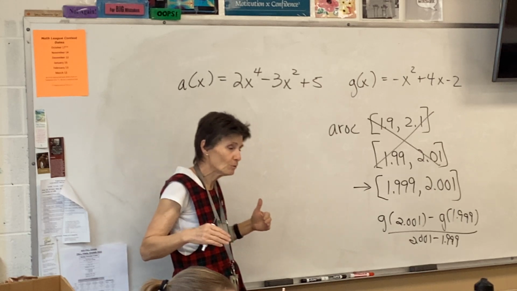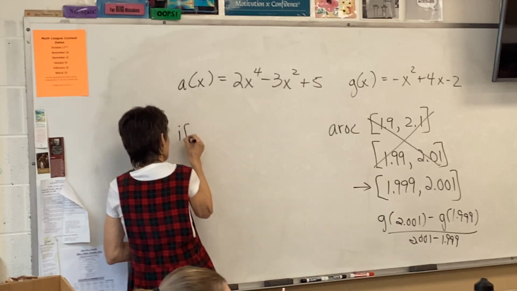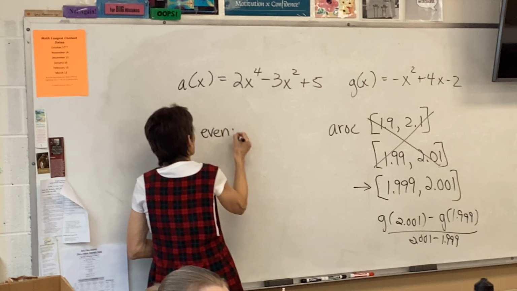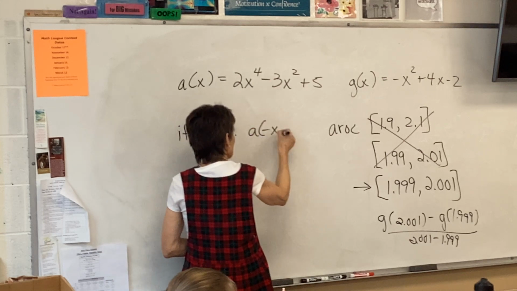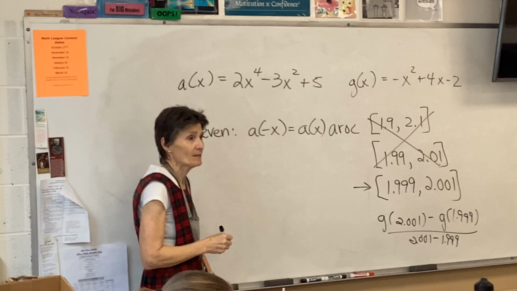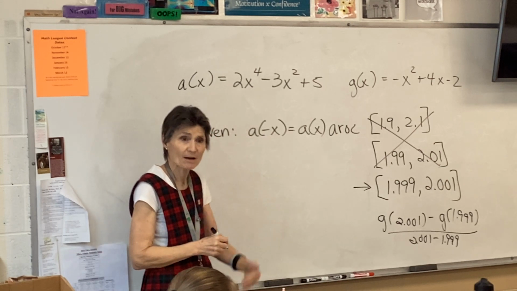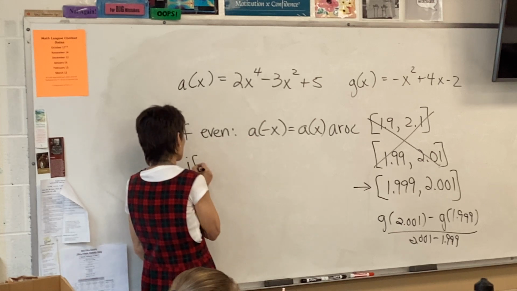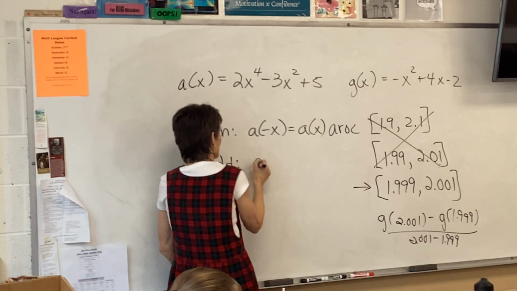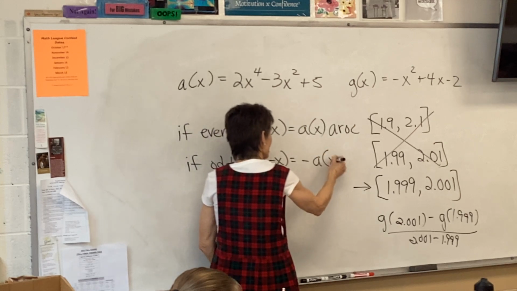How do you prove that something is even? If something is even, then a of negative x has to be the same as a of x. That's the definition of even, and that's how you prove it. If something is odd, then a of negative x is negative a of x.